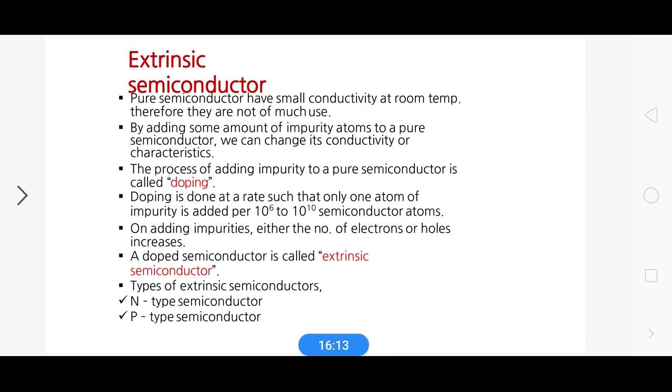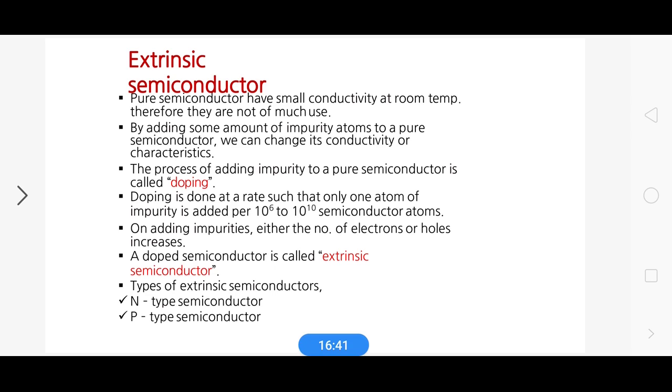So what is the extrinsic semiconductor? The pure form of the semiconductor is the intrinsic semiconductor, and the pure semiconductor has some conductivity at room temperature. Therefore, it is not of much use, because conductivity is very low at room temperature.